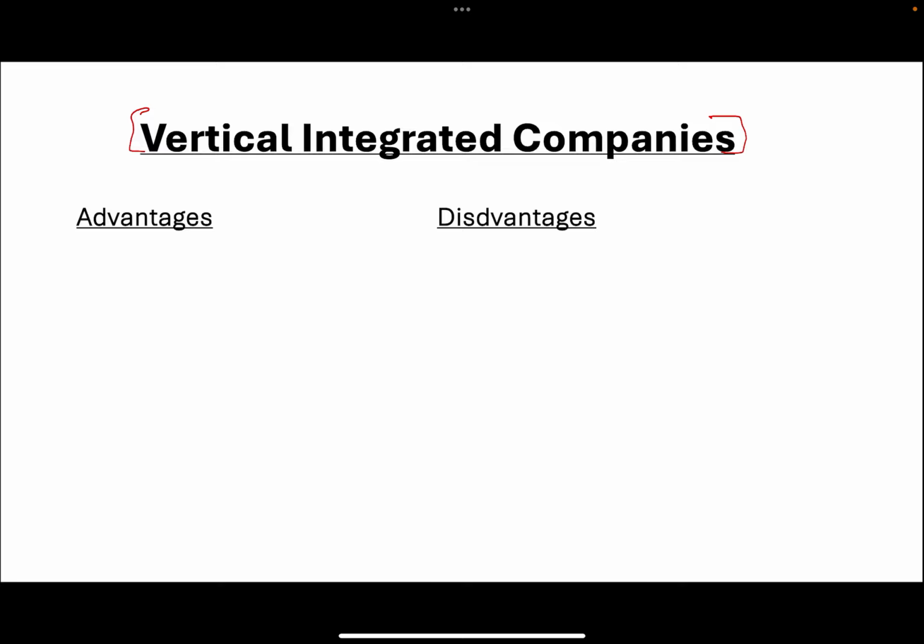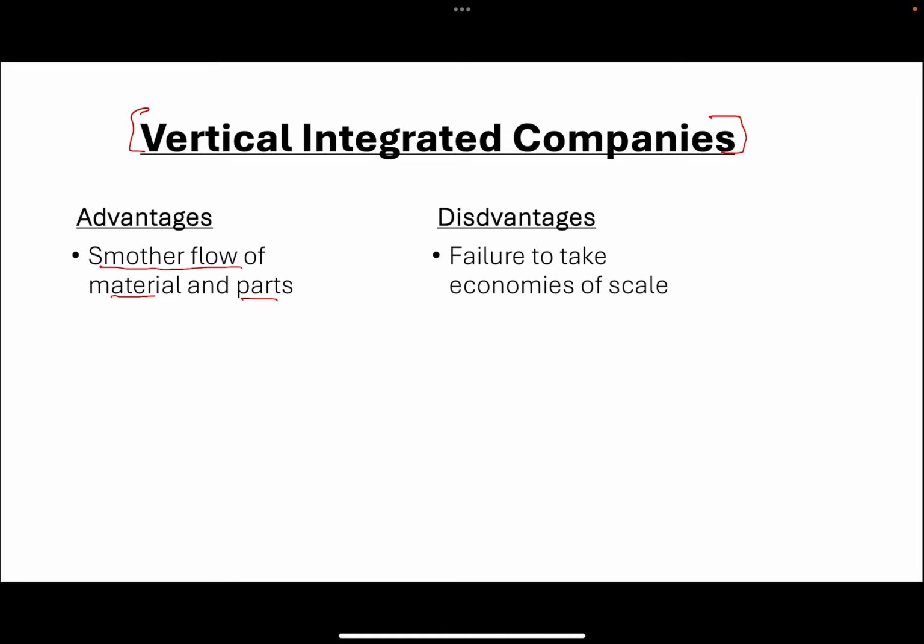So the first advantage is the smoother flow of material and parts. Vertically integrated manufacturers also have better control on quality, because you are not procuring outside, so you can directly monitor the quality of the product.